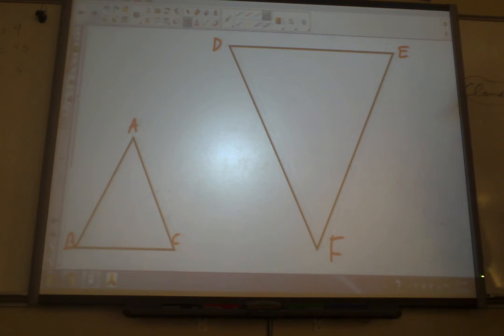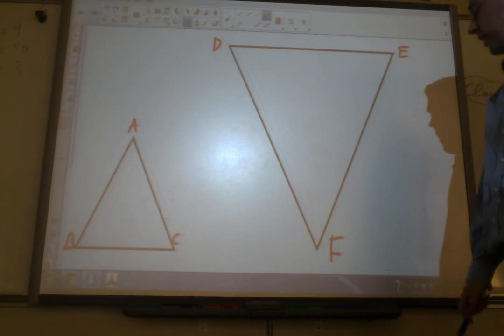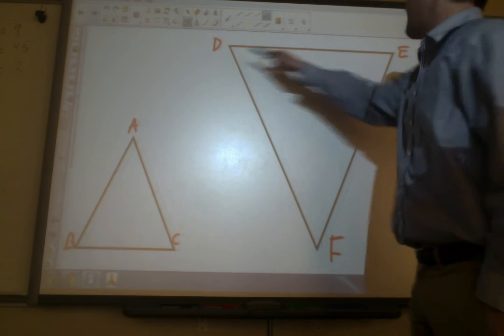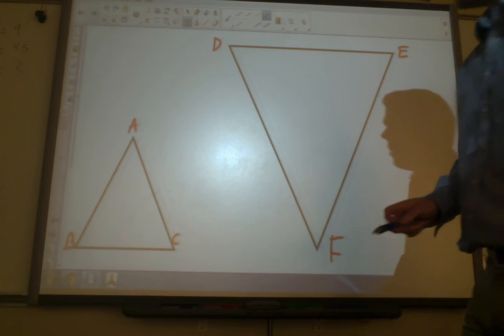Okay, here we have two triangles for real this time. And again, I'm just going to tell you from the start, these are similar shapes. Triangle ABC is similar with triangle FDE. I'm also going to have to give you one more piece of information here.